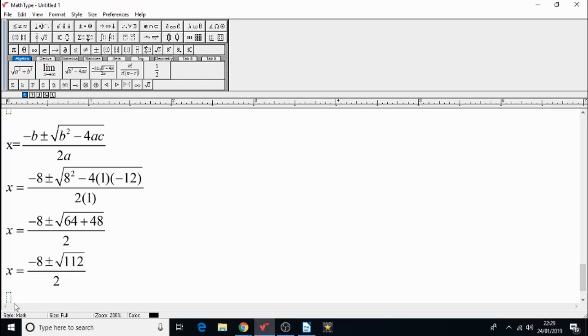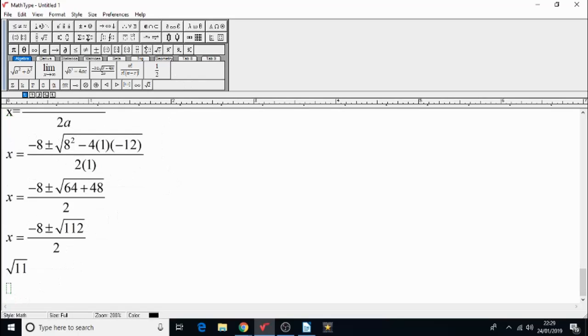So let's deal with the square root of 112. We already know that 4 goes into 112, because 4 can go into 64 and it can also go into 48. And if those two are added together, whatever number we get will also be a multiple of 4, because 64 is a multiple of 4 and 48 is a multiple of 4.